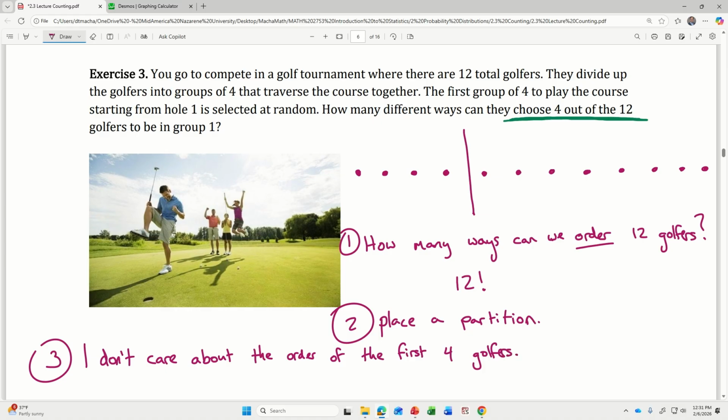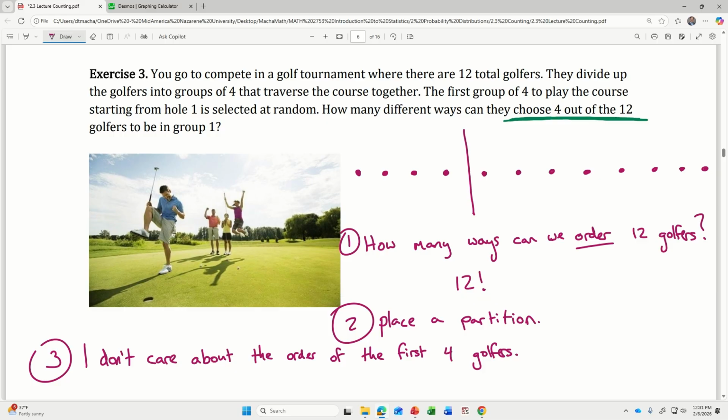And this is a little bit tricky to think about, but now that I've placed the 12 golfers in order, I've considered all the different ways we can do that, and I split them into 4 and 8. Remember, I'm just counting how many different ways we can choose 4 out of 12. I don't really care if this is Joe and this is Bob, or if this is Bob and this is Joe. I don't care if these 4 golfers change the order they're lined up in.